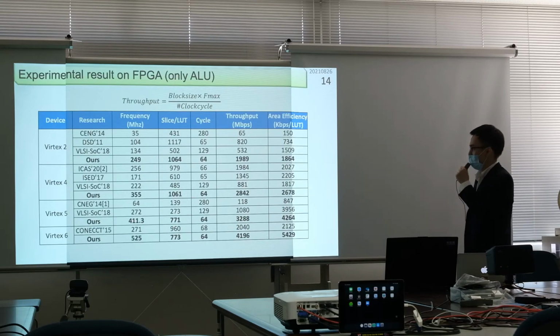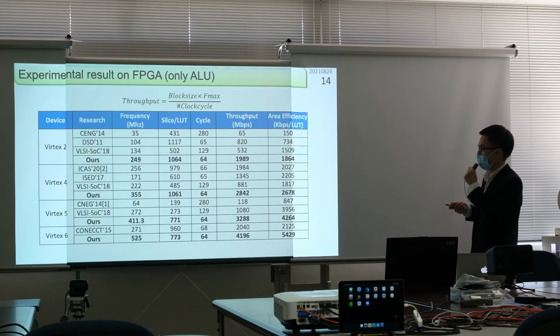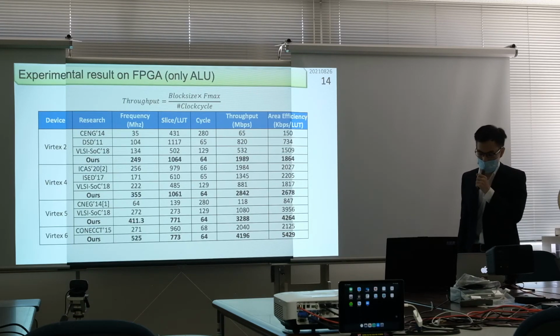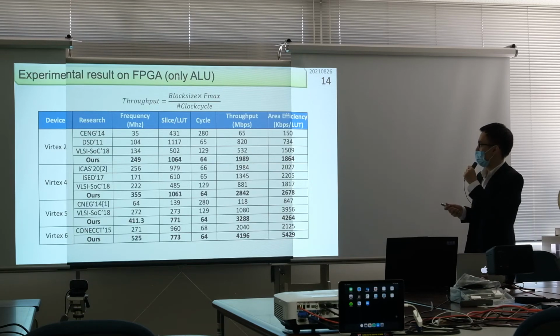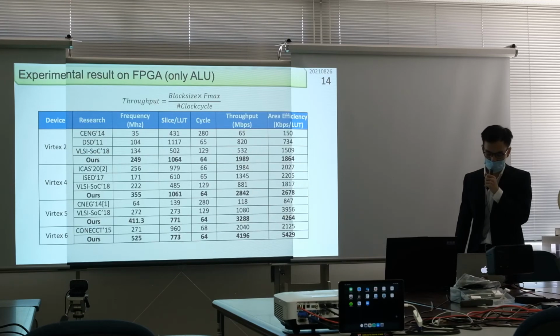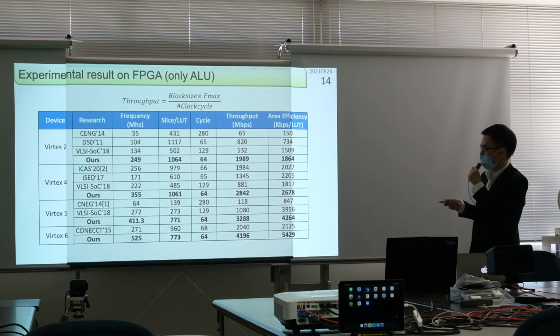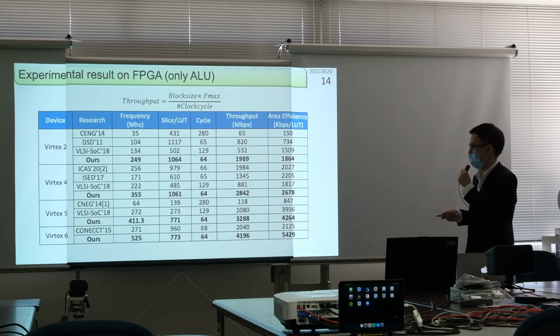And next is the experimental result on FPGA. To be as fair as possible, we compare the IOU with the IOU and the PE with the PE. We compare on several FPGA platforms, from version 2 to version 6.